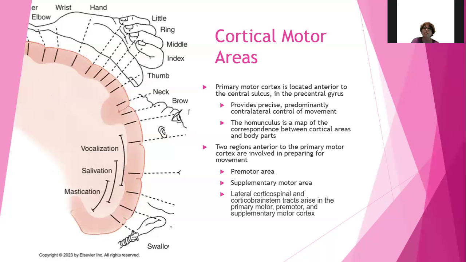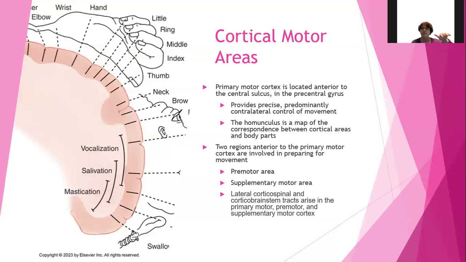So the primary motor cortex provides precise, predominantly contralateral control of movement, meaning the right side of the motor cortex controls the left side of the body, and the left side of the motor cortex controls the right side of the body. So the homunculus is the map of correspondence between cortical areas and body parts. There are two regions anterior to the primary motor cortex.